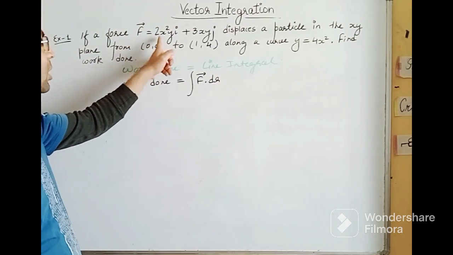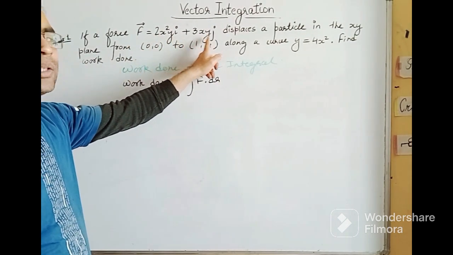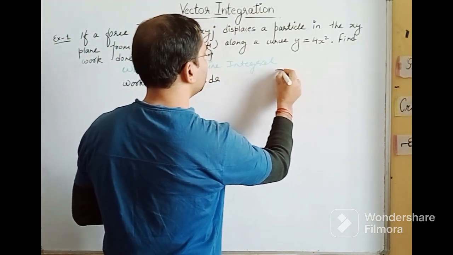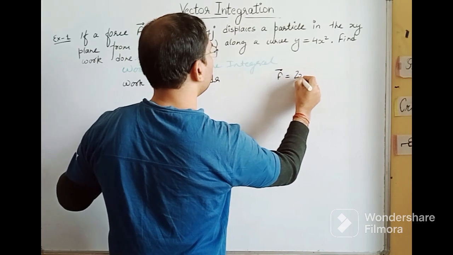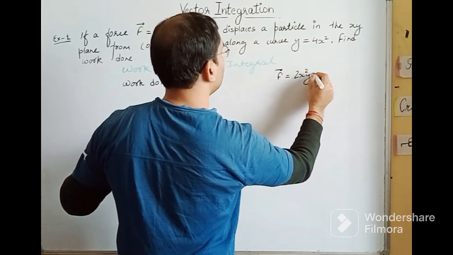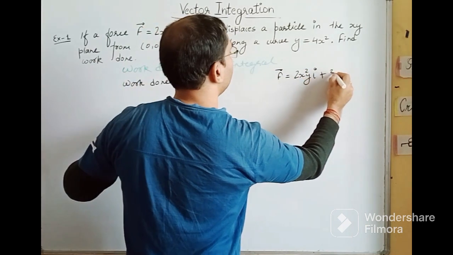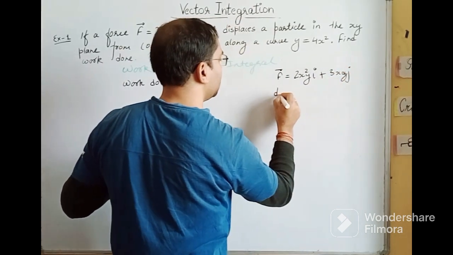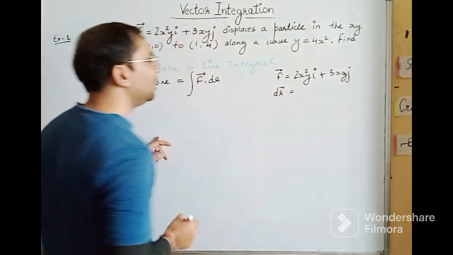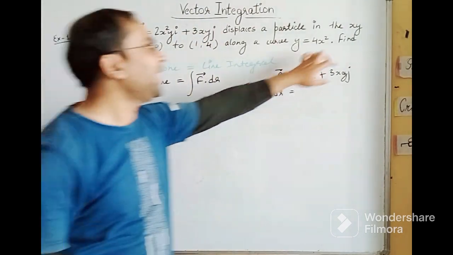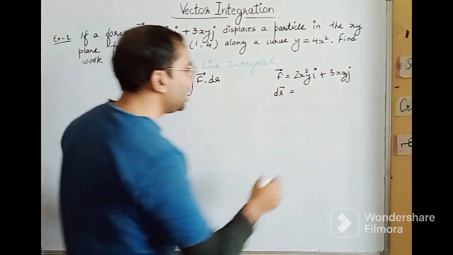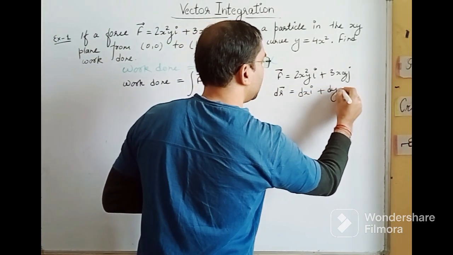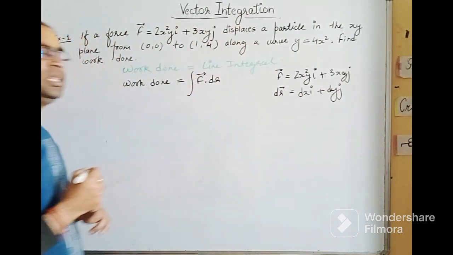F is given in the question, F is equal to 2x squared y i plus 3xy j. What will be dr? As this is in the xy plane only, dr will be dx i plus dy j. So this is dr.